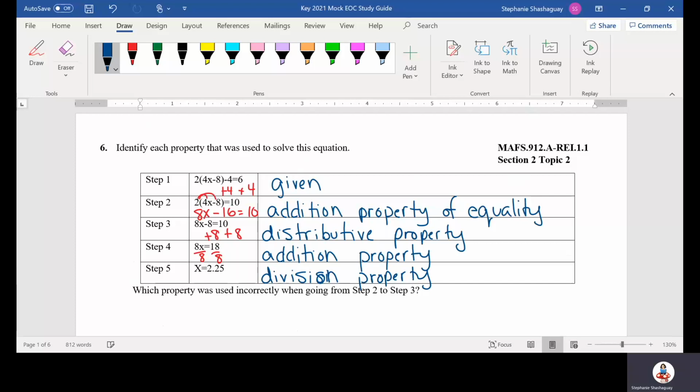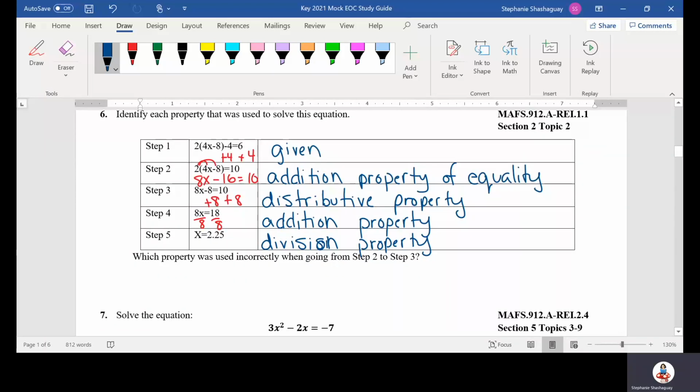Now the question asks, which property was used incorrectly when going from step 2 to step 3? Well, in step 2, they used the addition property. In step 3, they used the distributive property. But look at right here. When we distributed in our notes, we got a negative 16.